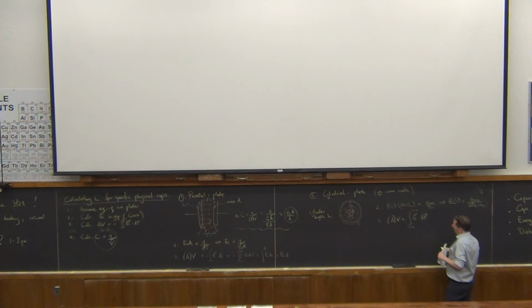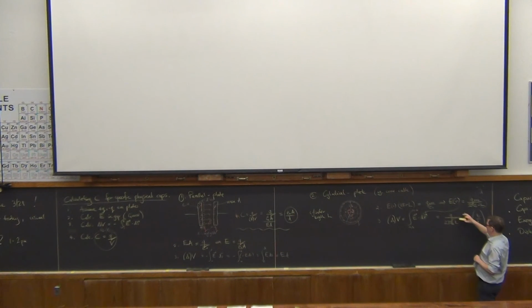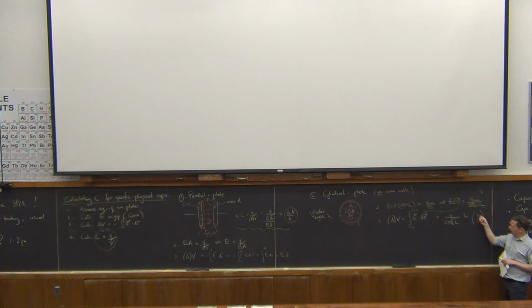So let's put this in. When I do this, with a little bit of manipulation, we will find eventually that delta V equals Q over 2 pi epsilon 0 L times the logarithm of B over A. Because of course when I integrate a 1 over R term, I get a logarithmic term, and then I'm putting in my values here.